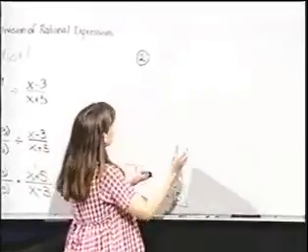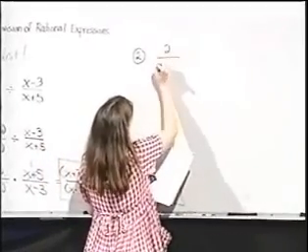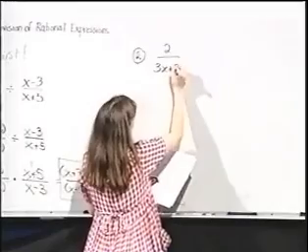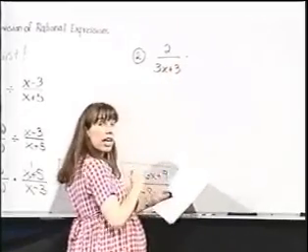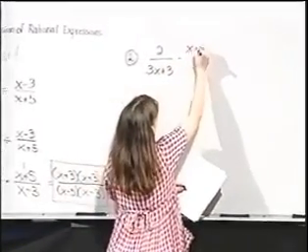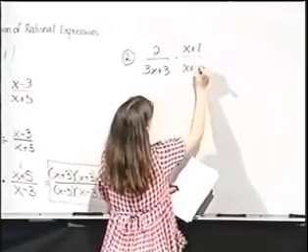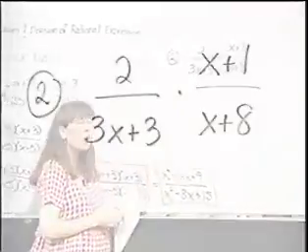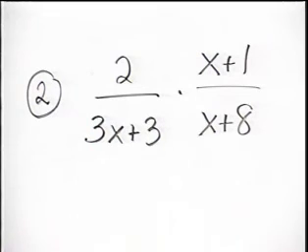Let's look at 2 over 3x plus 3 times x plus 1 over x plus 8. So I have 2 over 3x plus 3 times x plus 1 over x plus 8. Factor first.